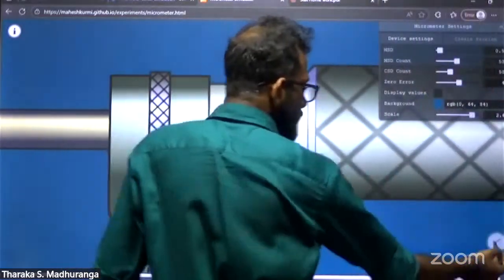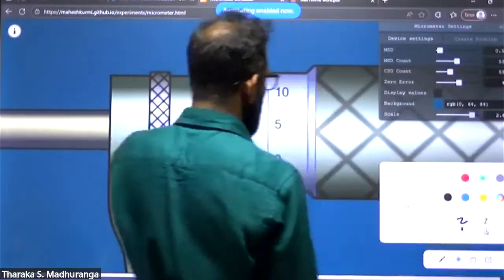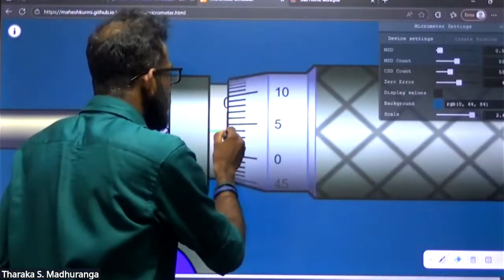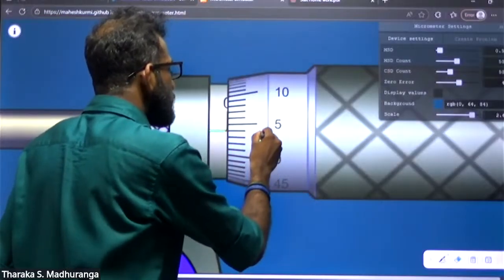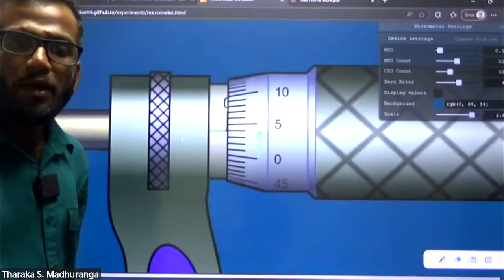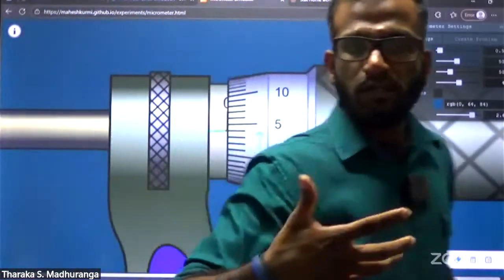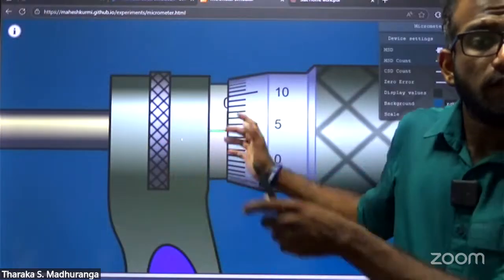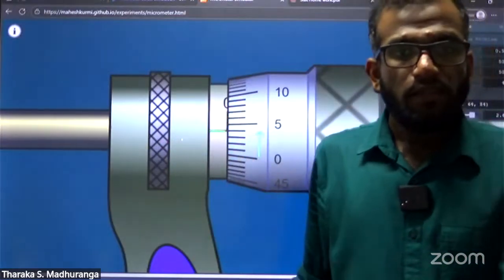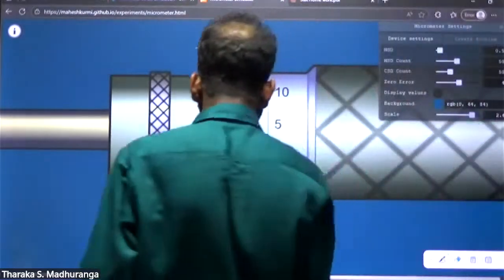Think, if it is accurate, this is the linear scale middle axis, and this zero needs to come here. But before the zero comes to the linear scale middle axis, it is tightening. That is the positive zero error.